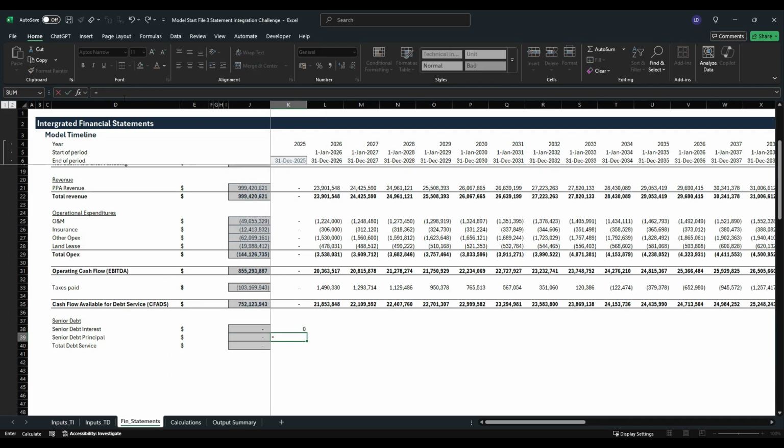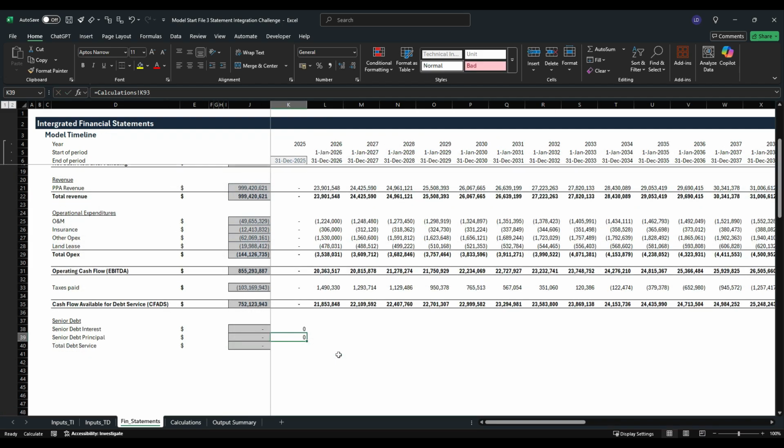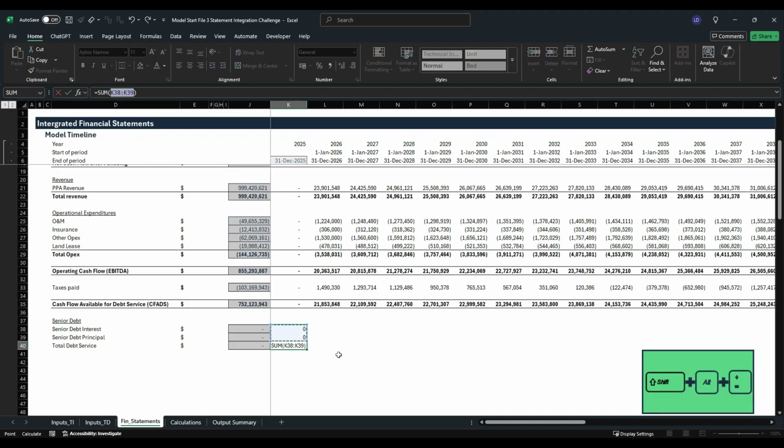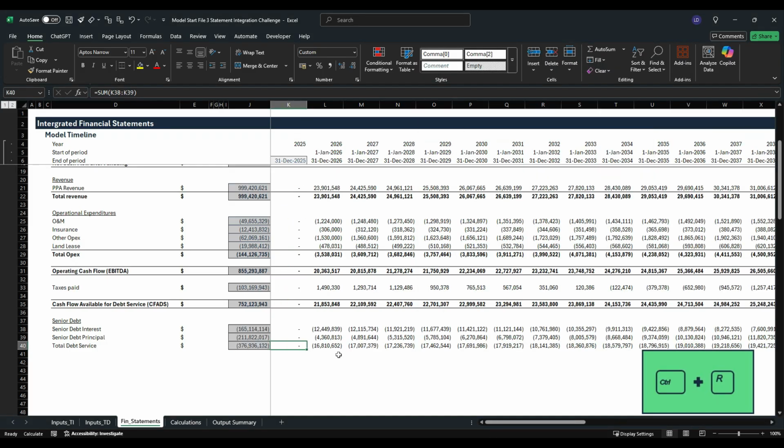Then we have our debt principal. That is already modeled negative in row 93. So let's pick it up right here. Hit enter. Then we take the sum of those two, which gives us our total debt service. Mark all of these cells, hit Alt-HJ, comma 0. Let's drag them over.